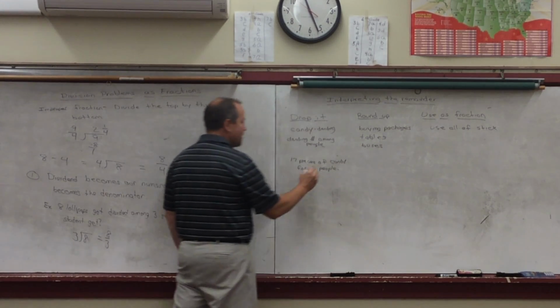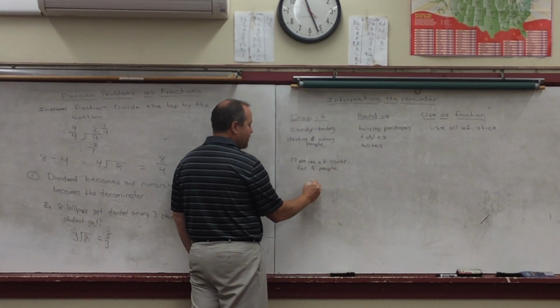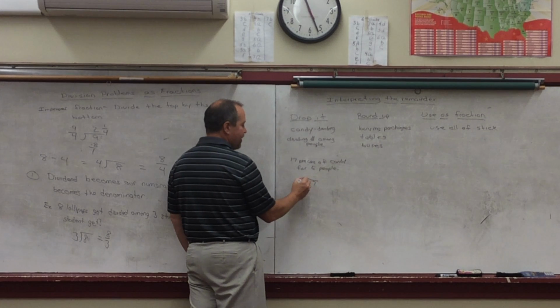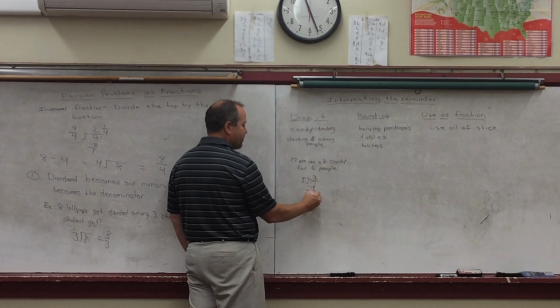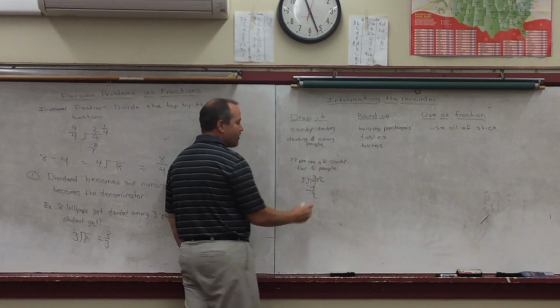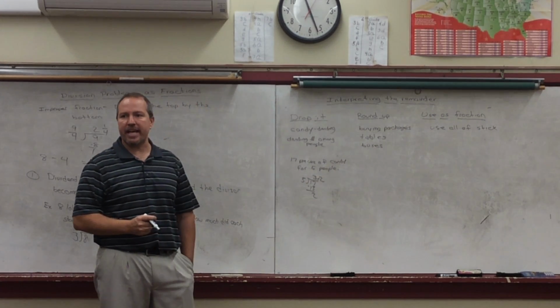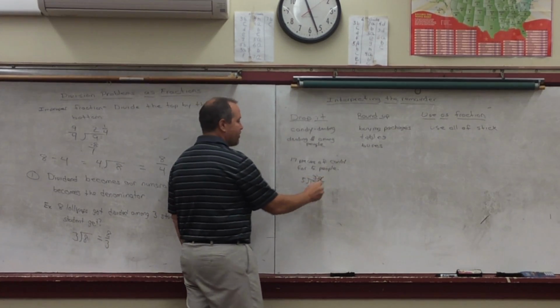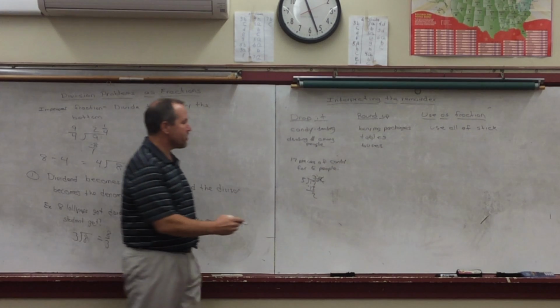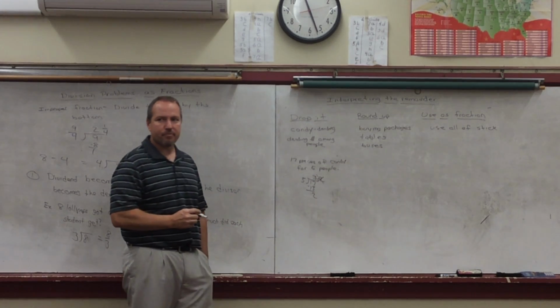How much does each one get? We would take 17 divided by 5. The 5 goes into 17 3 times. 3 times 5 is 15. Subtract, you get 2. And so we have 3 remainder 2. Well, what are we going to do with those 2 pieces of candy? Not give it to anybody. We're just going to drop it. And so each person would get 3 pieces of candy.